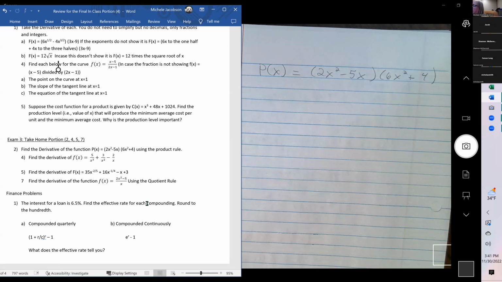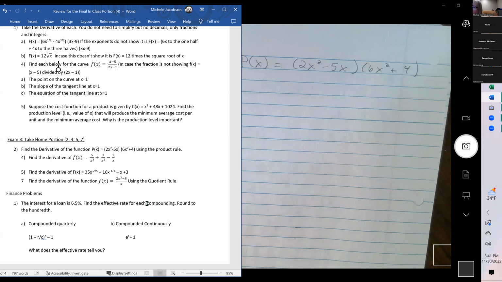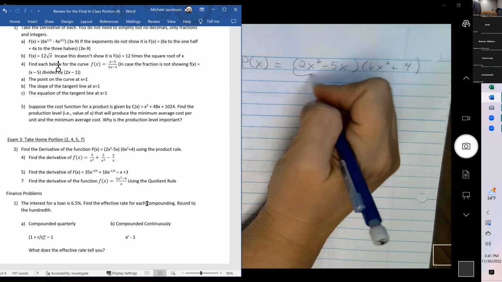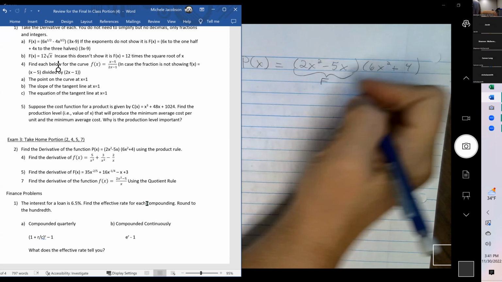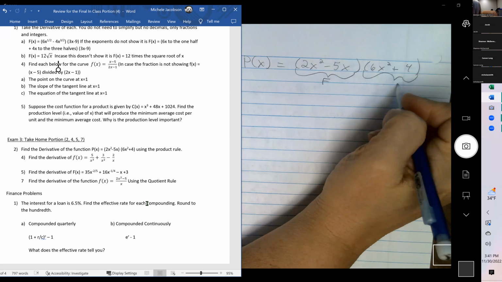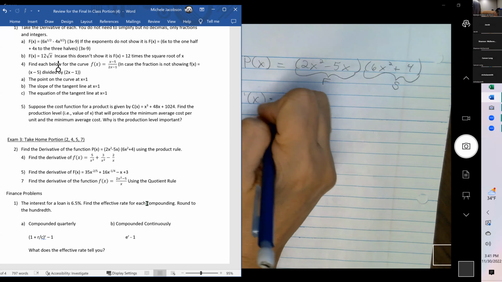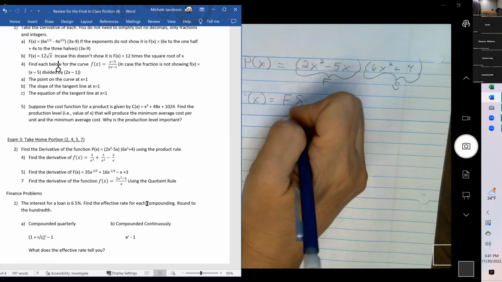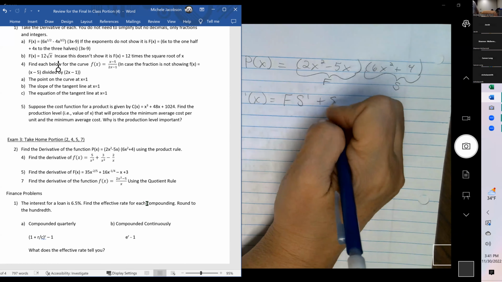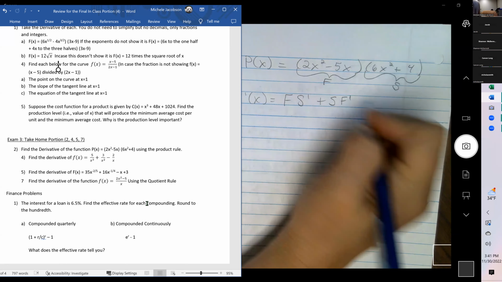And it says to use the product rule: first times the derivative of the second plus the second times the derivative of the first.